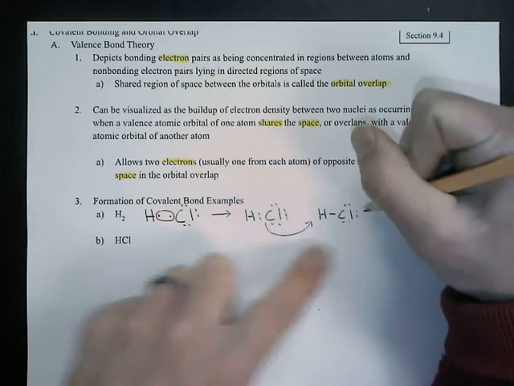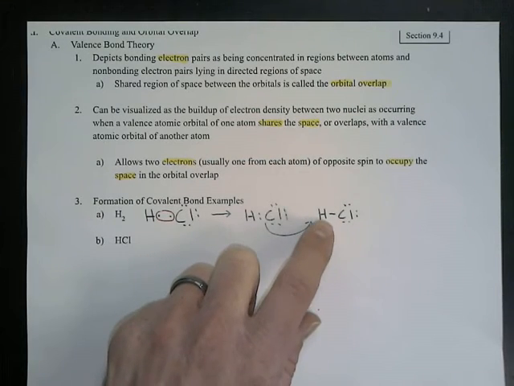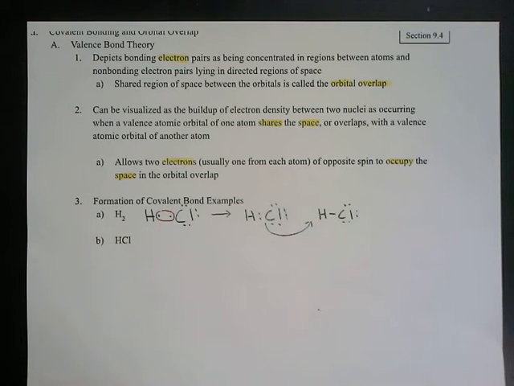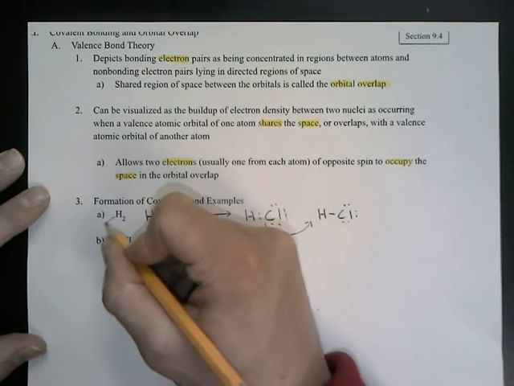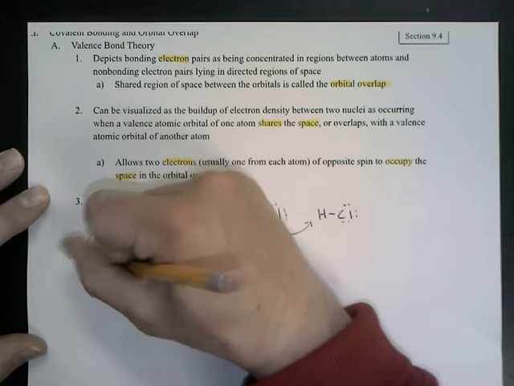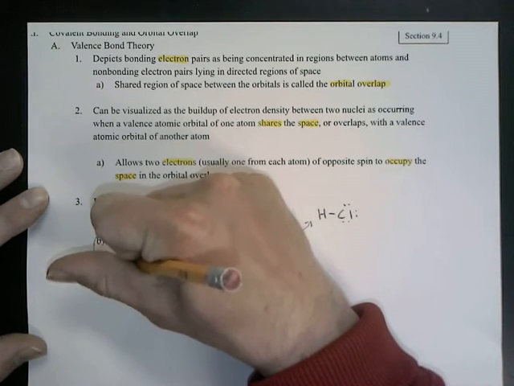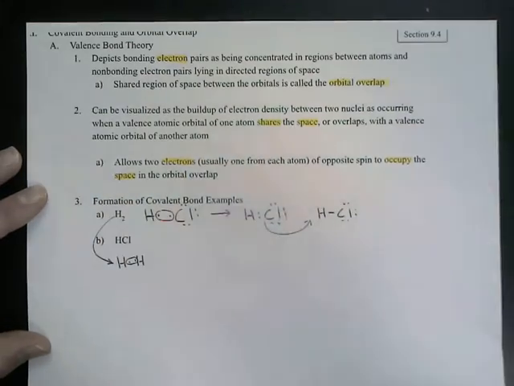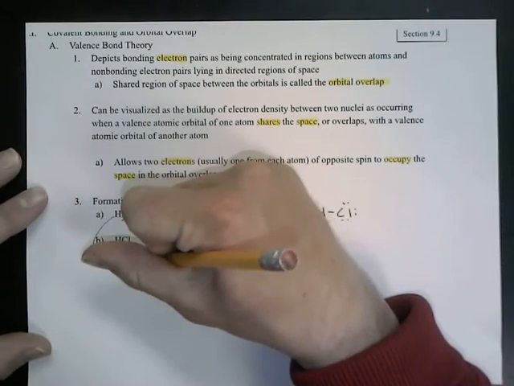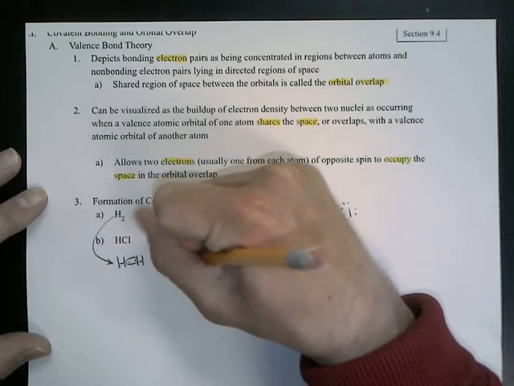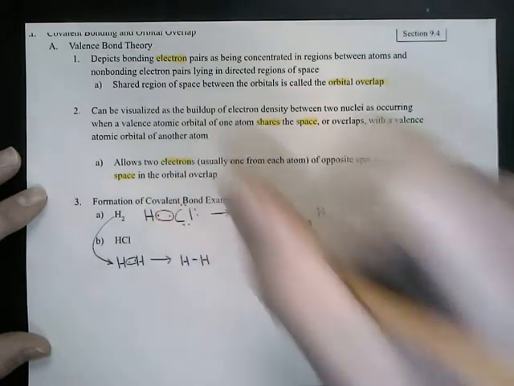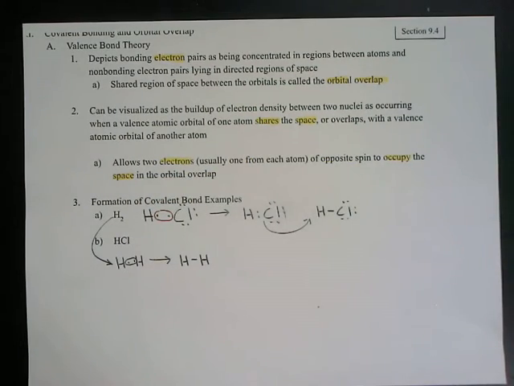Now, one thing that I want to emphasize here is that H and Cl have to get close enough together to share those electrons. And the same thing can be done with H2. I know I wrote that in reverse order, but H2 can be done in a similar fashion where those valence electrons get close enough together where they can be shared, and we show that bond as that single bond.